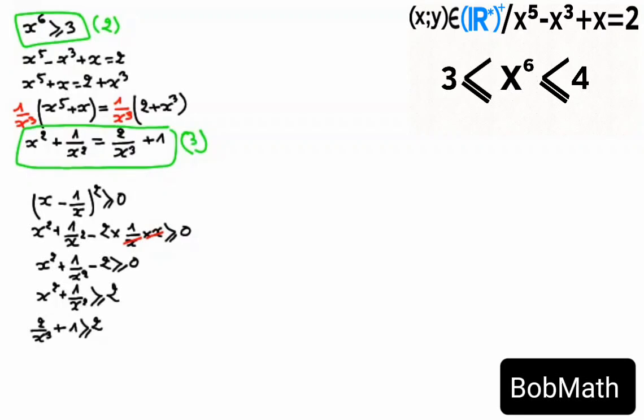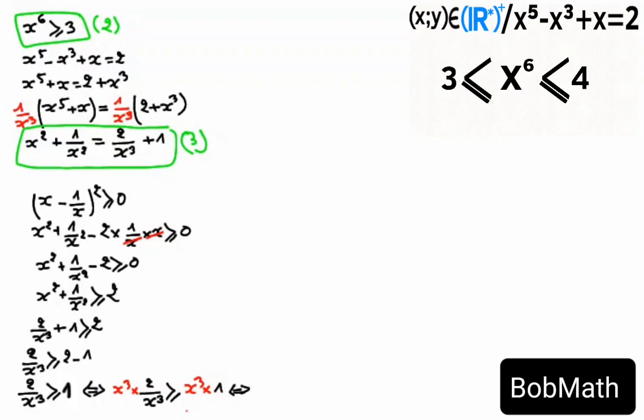Therefore, 2/x^3 is greater than or equal to 2 - 1, and therefore 2/x^3 is greater than or equal to 1. Now we multiply this inequality by the number x^3. So we get x^3 times 2/x^3 greater than or equal to x^3 times 1.